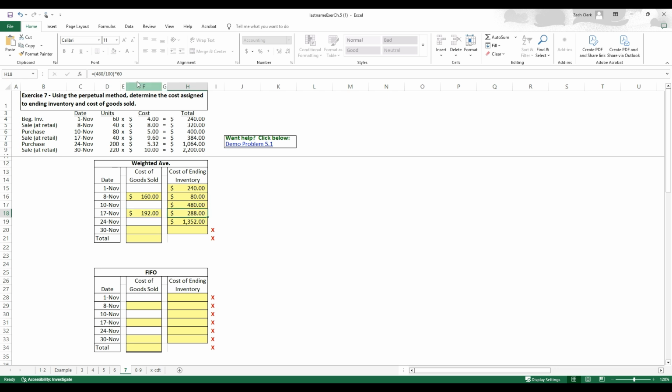So, okay, we had 60 units left over, and then we bought 200. So we have 260. So this 1352 represents 260 units. 200 we bought there, 60 were left over from previous. So 260 units total. And this would be the 1352.